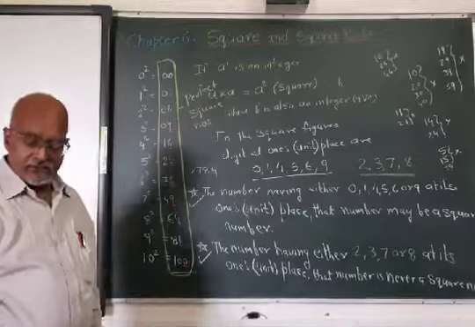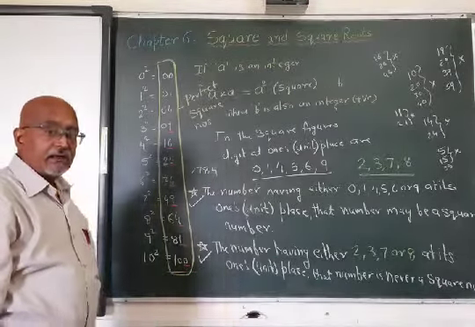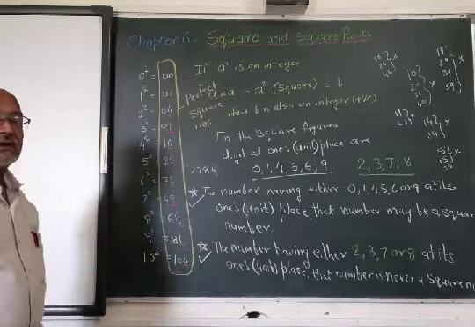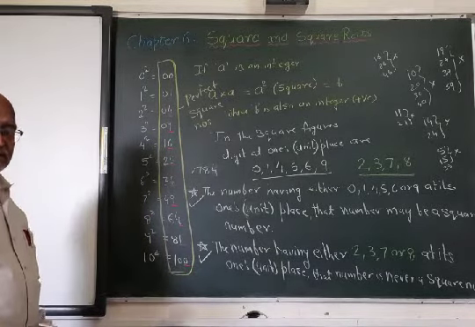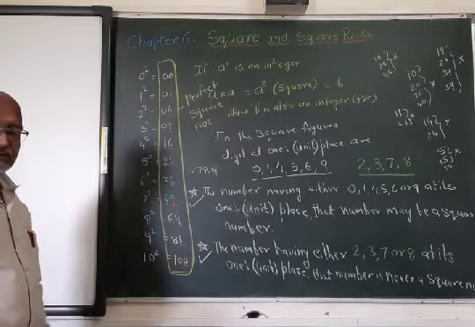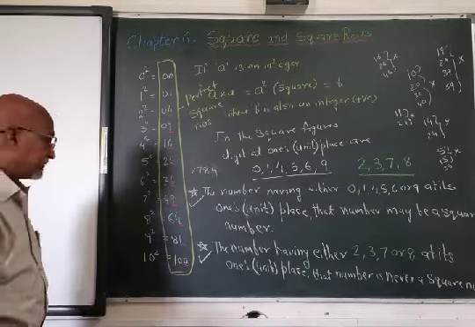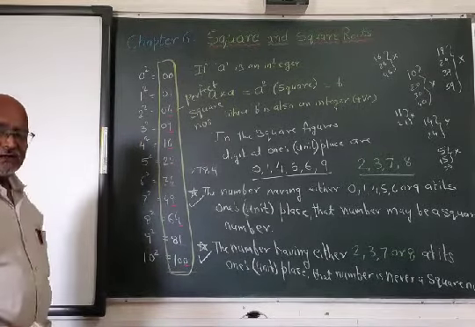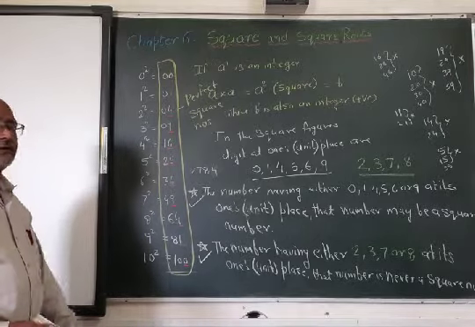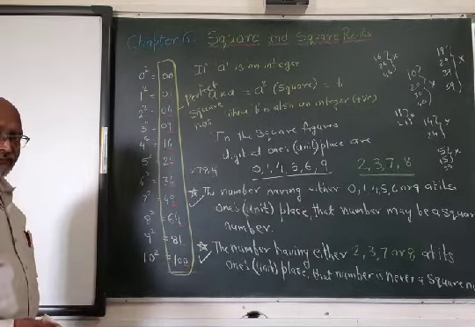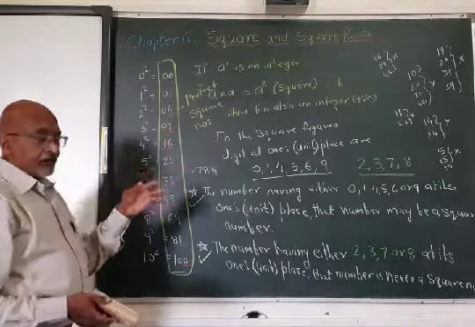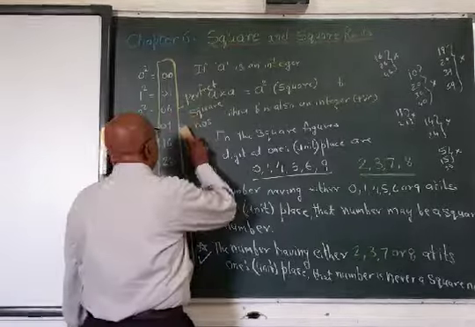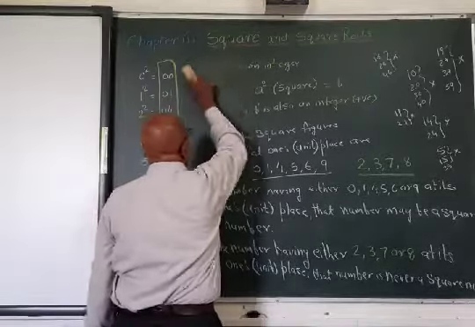Now by a series we can find them, if you don't remember also. The smaller ones you can very easily remember, but the bigger numbers are not easily rememberable. So there is a trick, though it goes a bit lengthy, to remember the perfect square numbers.